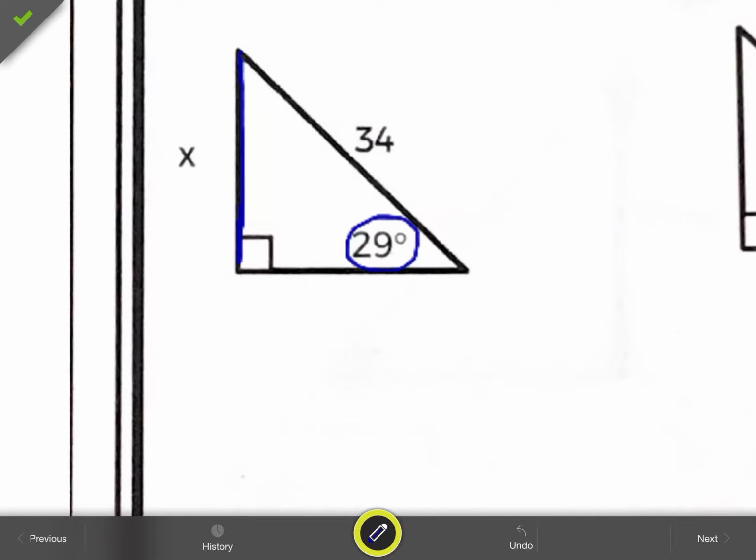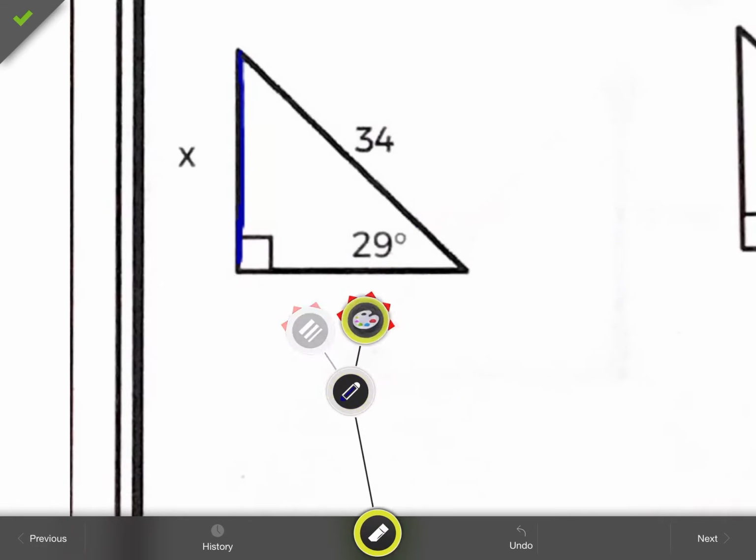And you can't pretend all of a sudden that it is a side. It's not. It's an angle. So when that happens, I go, okay, well, I can now use a trig ratio. I can't do Pythagorean theorem because 29 degrees is not a side, it's an angle, but I do have trig, and I can use that.